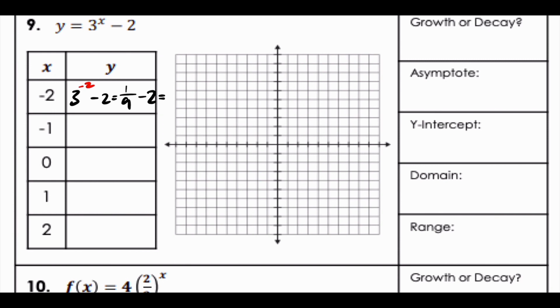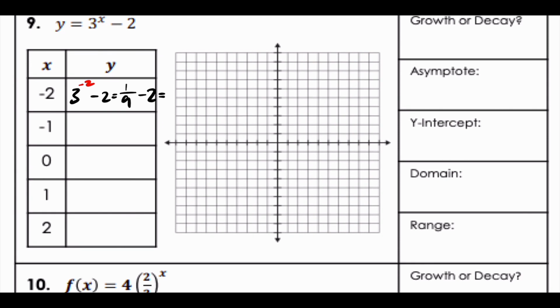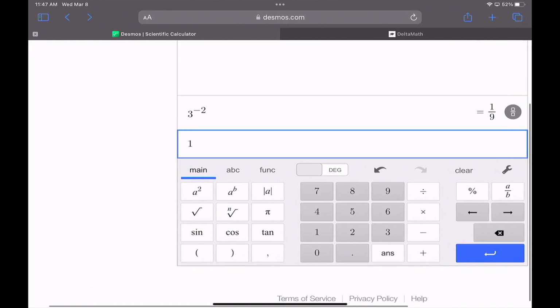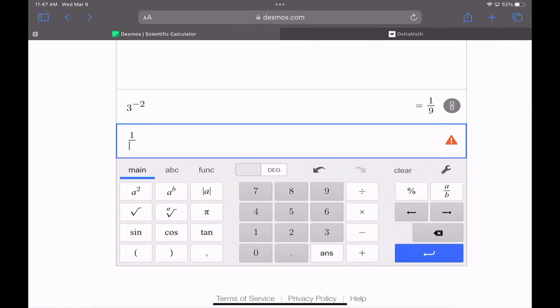That's why you have your calculators out. Go to your calculator. 1 divided by 9 minus 2 whole. There's your answer. -1.89. We'll round up. -1.89.